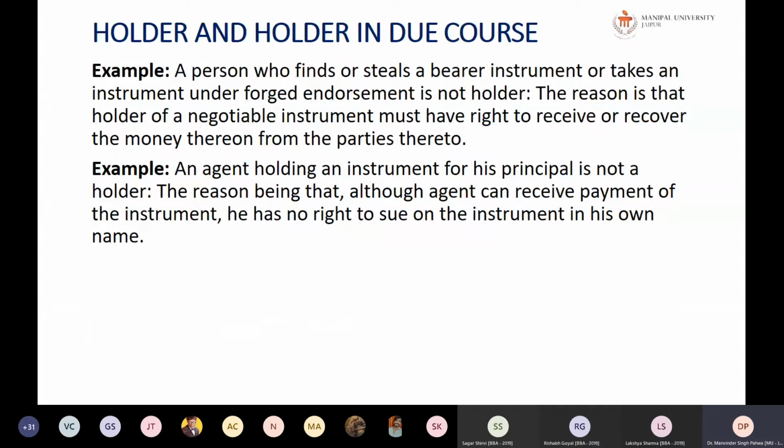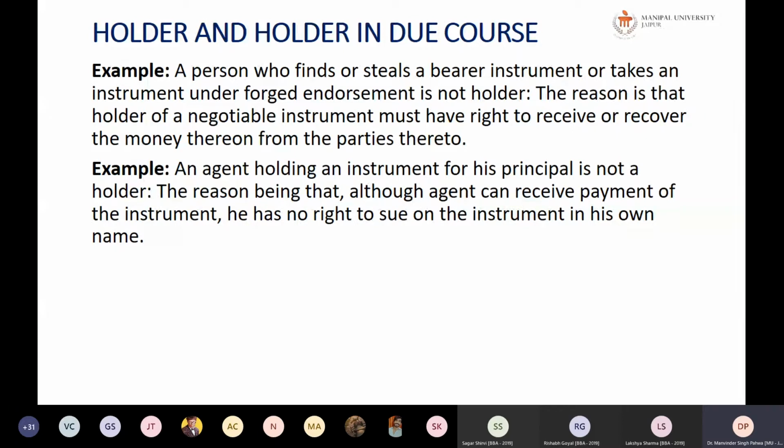Let us see these two examples. Example: a person who finds or steals a bearer instrument or takes an instrument under a forged endorsement is not a holder. The reason is that the holder of a negotiable instrument must have the right to receive or recover the money thereon from the parties thereto. He is actually the finder of that check, or he has got that check forged. So he has no right to receive or recover the money on behalf of that instrument.